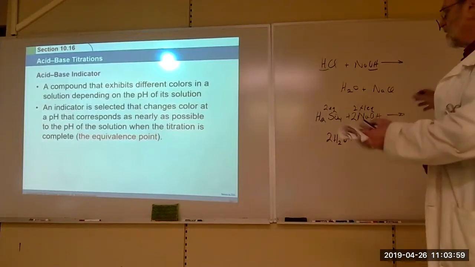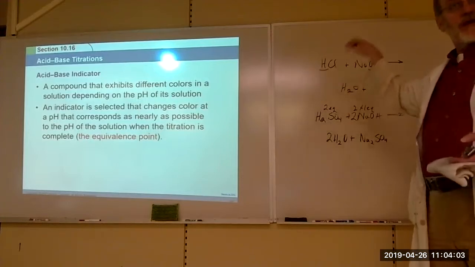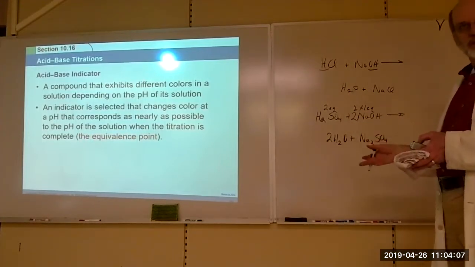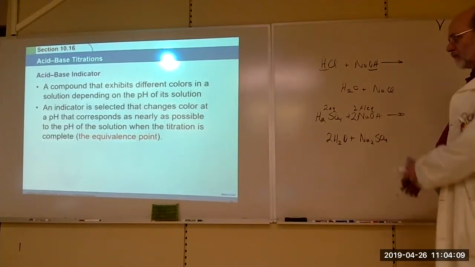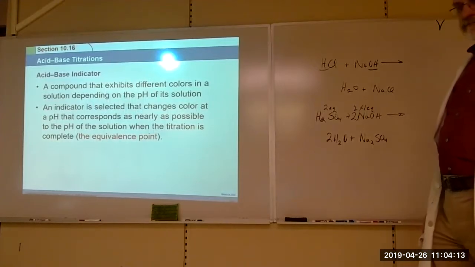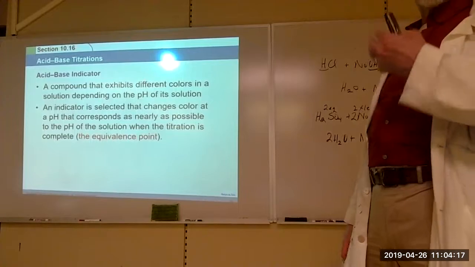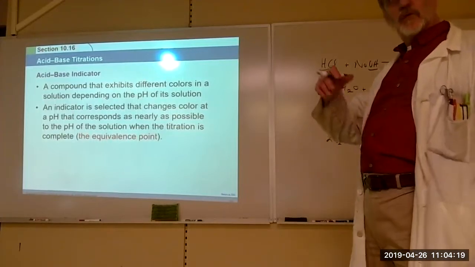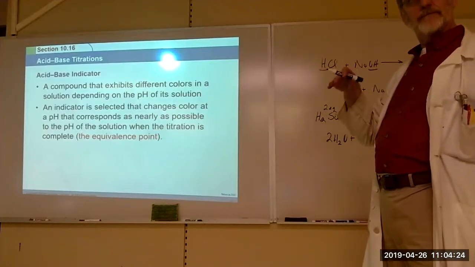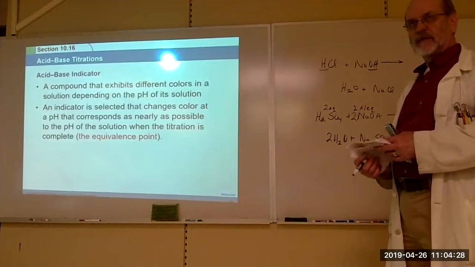Now, when they're completely neutralized, that point I showed you before on the graph, the equivalence point, that's where moles of acid equals moles of base. But we don't always have access to a meter that will give us the pH. A pH meter will read off the pH continuously as we add base, but we don't always have that, and that's very tedious.